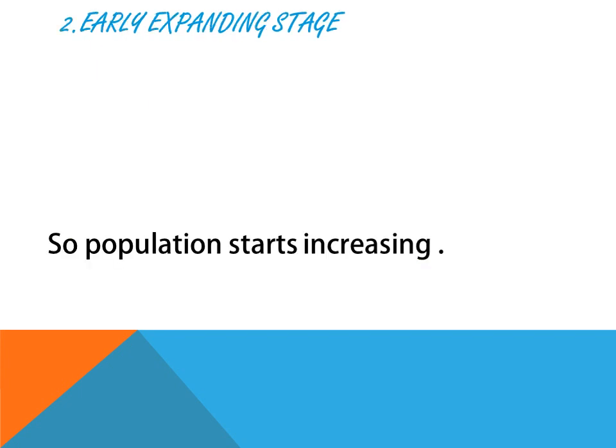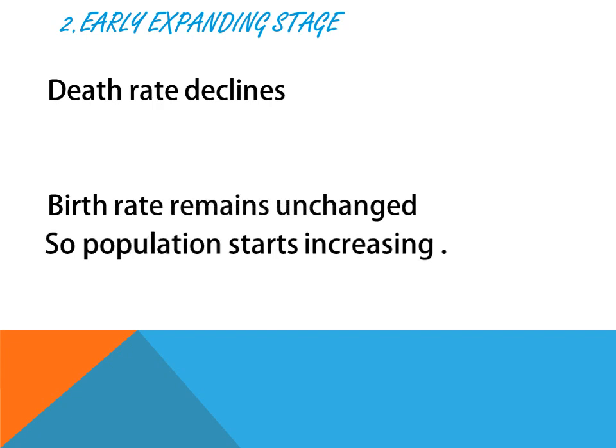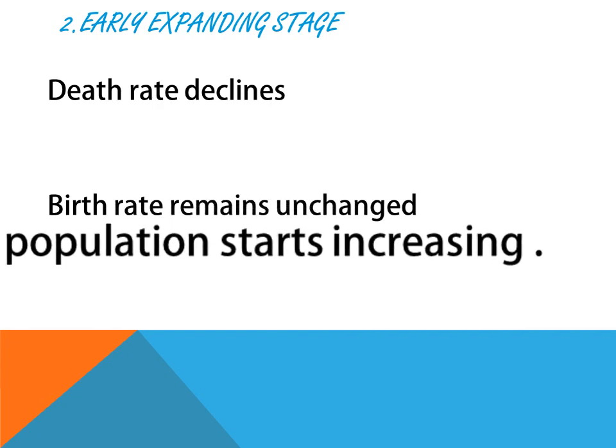Then coming to the second stage, that is early expanding stage. In this stage, what happens? Death rate declines, birth rate remains unchanged, so population starts increasing.